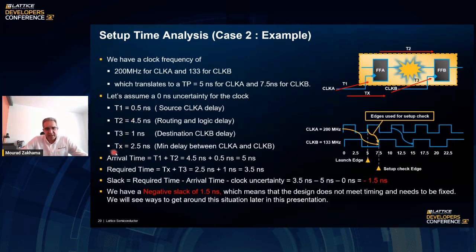Like I said, Tx is 2.5 because we have the worst case here. Then the arrival time T1 plus T2 is 5 nanoseconds, and the required time is Tx, 2.5 nanoseconds, plus 1 nanosecond for T3, which is 3.5 nanoseconds. So the slack is required minus arrival, which is 3.5 minus 5 nanoseconds, so we have a slack of minus 1.5 nanoseconds.